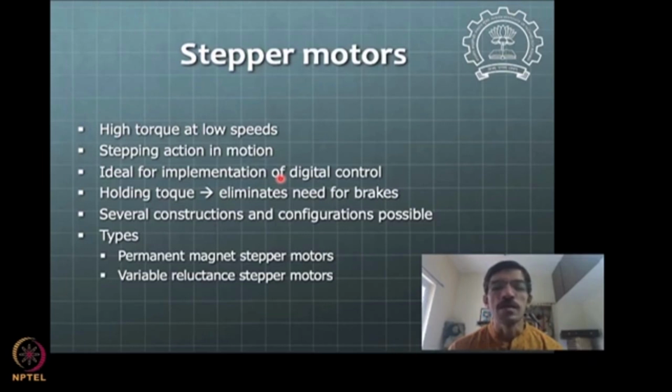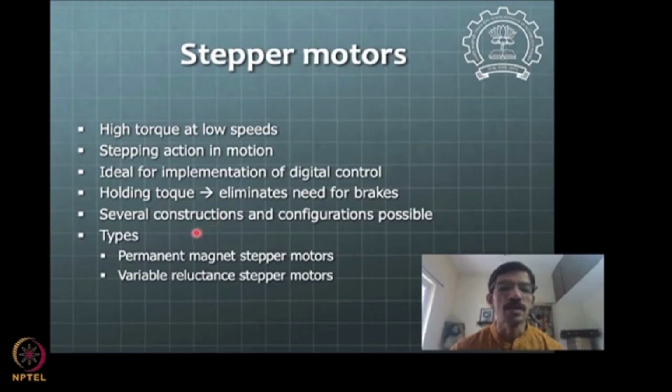If there are external loads which cause the steps to slip, then these actuators are not really good. So you need to make sure that the torque required for the application is not higher than what your choice of motor delivers. The motor should deliver higher torque than what the application needs, then it should be fine. Stepper motors also have a holding torque which eliminates the need for brakes, if at all some application requires that.